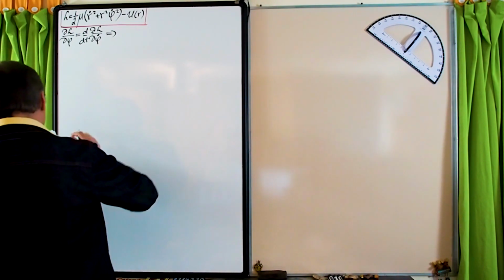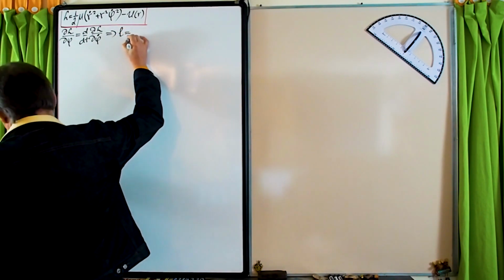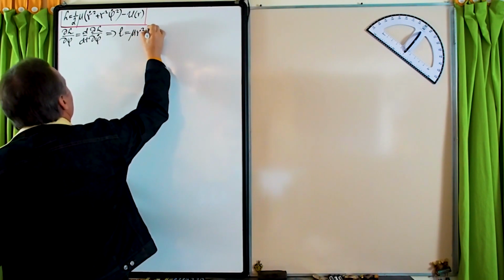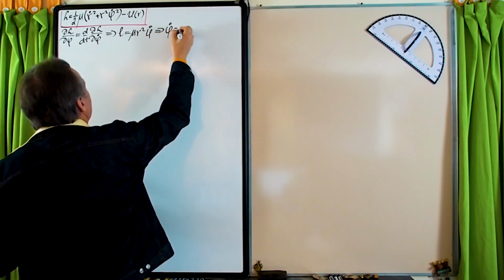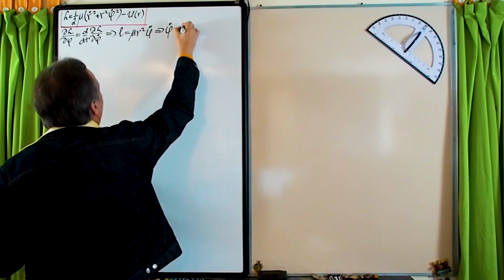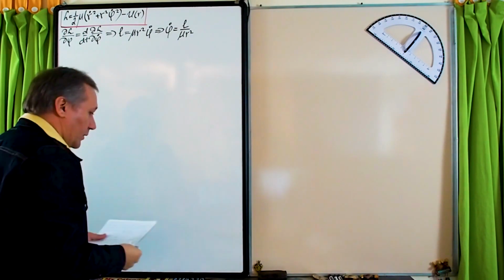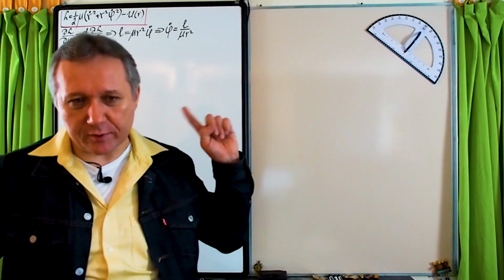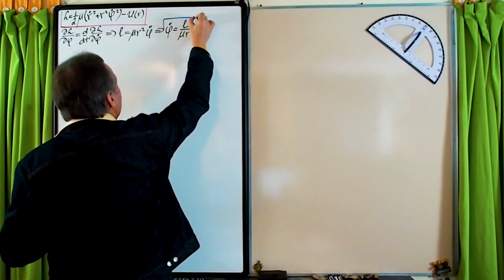We wrote it down: L, that constant, is mu r squared phi dot. As the last piece of the previous class, I solved it for phi dot equals L over mu r squared. Let me frame it in blue because I will need it several times in today's class and I want to keep it right.